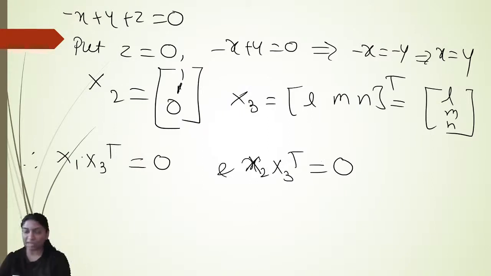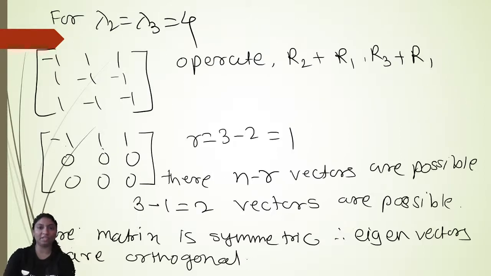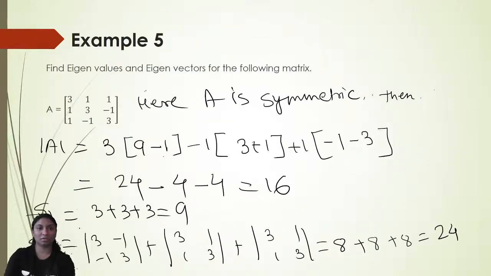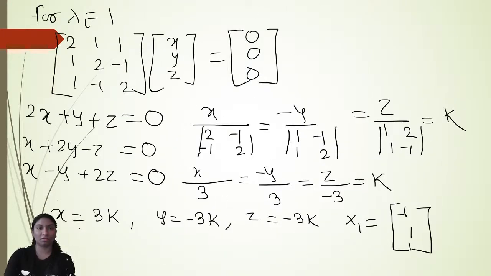So hence the eigenvectors are x1. We already calculated x1, which is 1 minus 1 1.